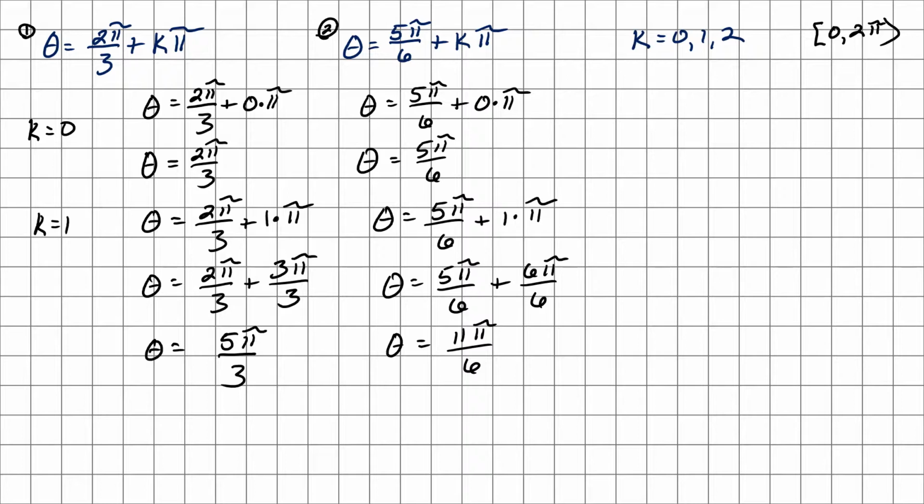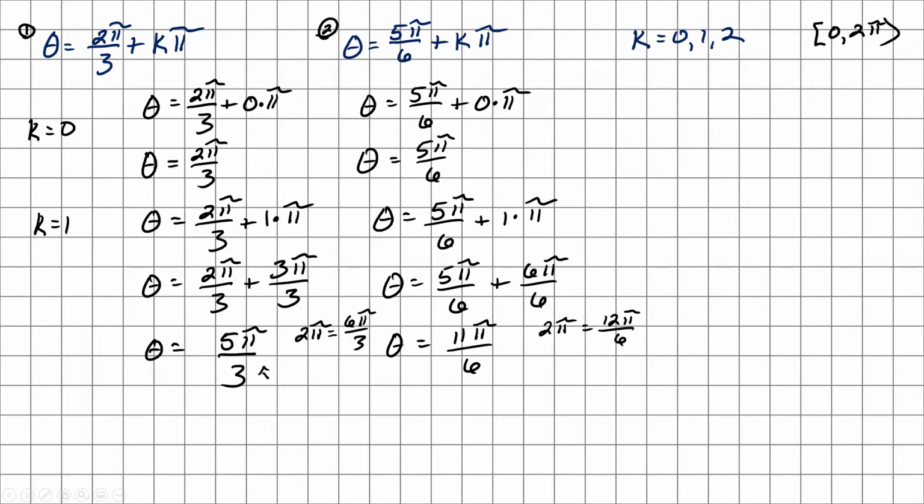One of the ways that I'm going to know this is simply, if I write 2 pi with a denominator of 3, that's going to be 6 pi over 3, which means that since 6 pi over 3 is greater than 5 pi over 3, this checks. Likewise, I can write 2 pi as 12 pi over 6.